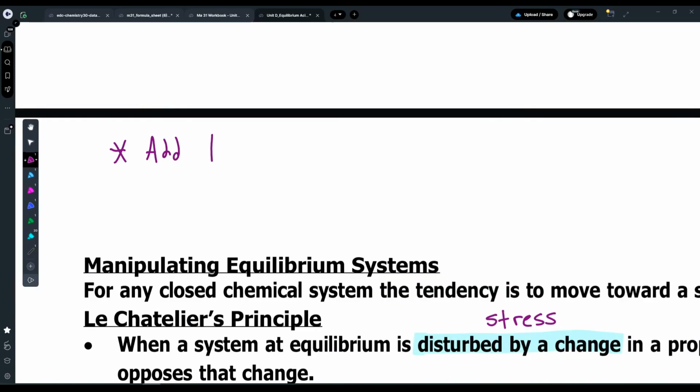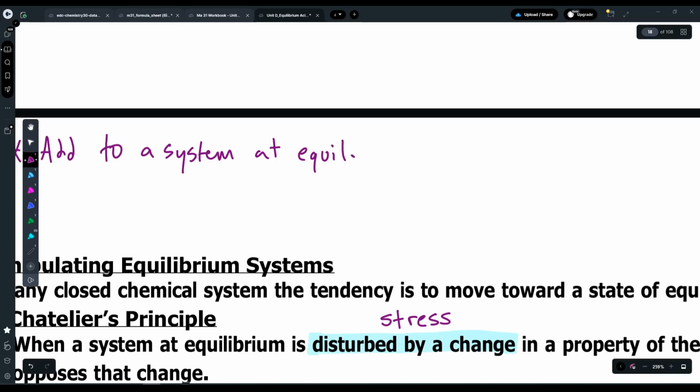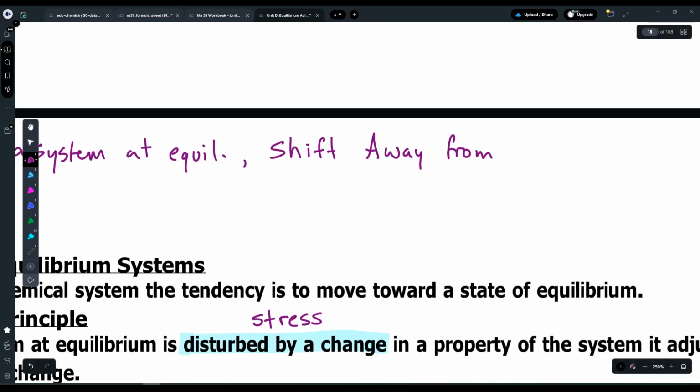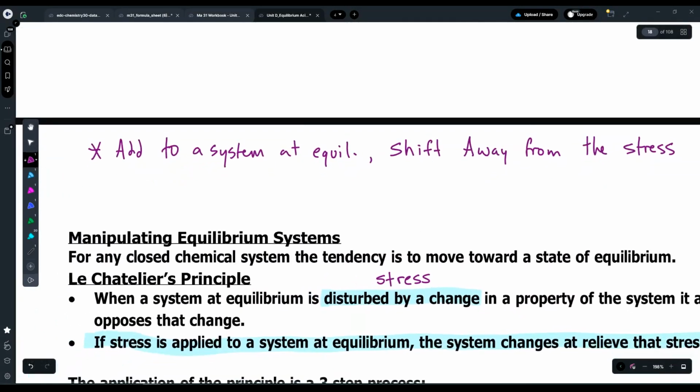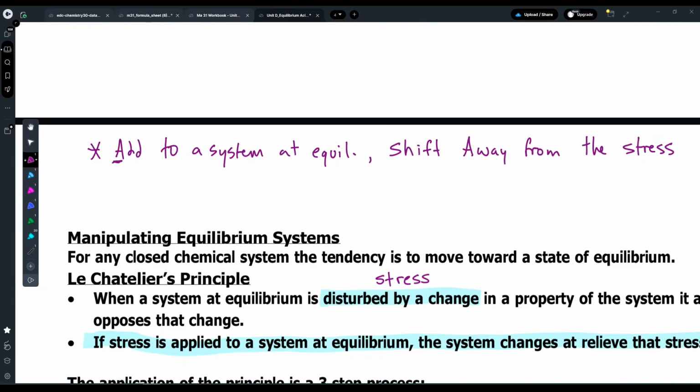If you add to a system at equilibrium, the equilibrium is going to shift away from the stress. You could think of it as A for add, A for away.